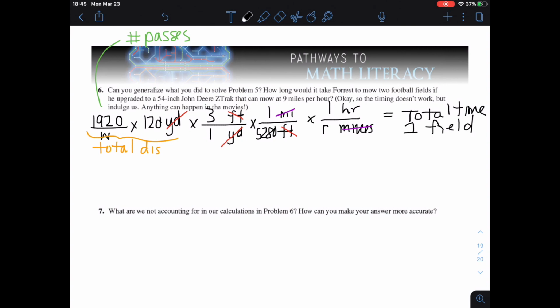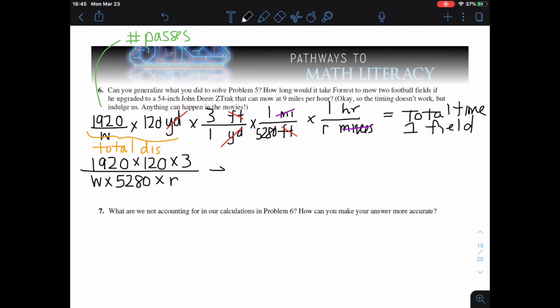So what's left is 1,920 times 120 times 3. The 1 and 1 don't do anything. In the bottom, you have W times 5,280 times the rate that he's going in miles per hour.